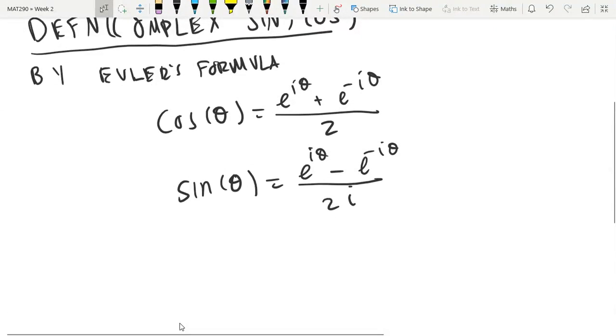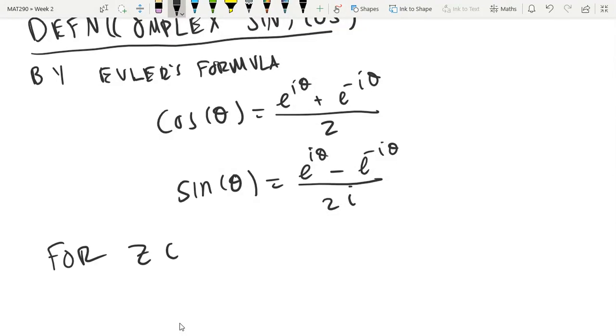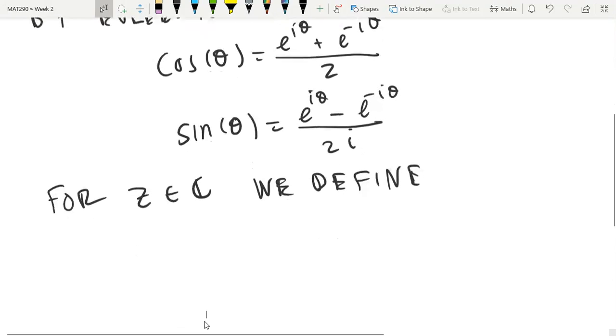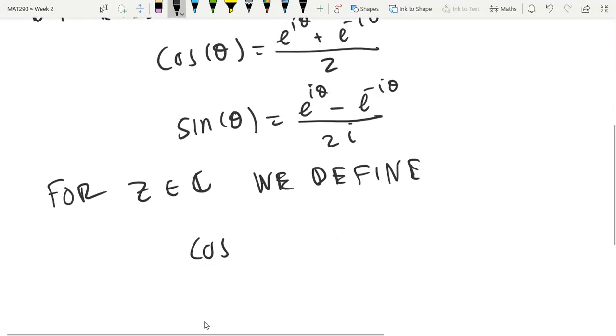So it turns out that it works the same if we extend by z. For z complex, we define cosine of z. Here we're defining.